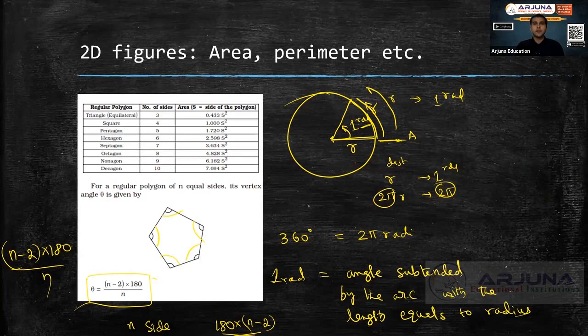So the angle subtended by the arc with the length equal to the radius of the circle. Suppose it is a unit circle, then the angle subtended at the center by an arc of 1 unit. If you consider it as a unit circle, then you have to walk 1 unit along the circumference. So the length of the arc should be 1 unit, and the angle subtended at the center is 1 radian.